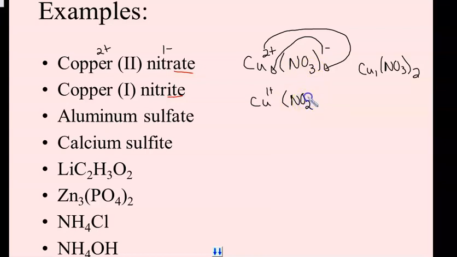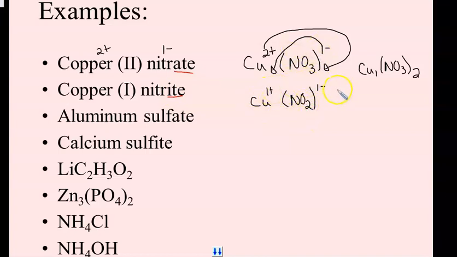So I would learn them in pairs. I'd learn nitrate, nitrite, sulfate, sulfite, chlorate, chlorite. It's 1 less oxygen. Same charge. So ITE, NO2. If I memorize those, this makes this a lot easier.